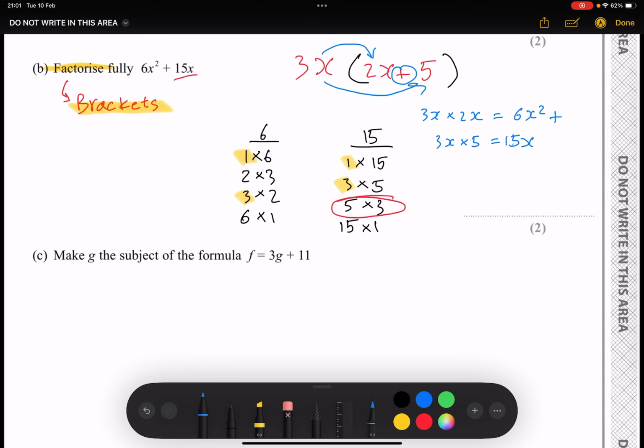So our answer is 6x squared plus 15x, which is exactly what we got here. So that's how we know our answer is right.